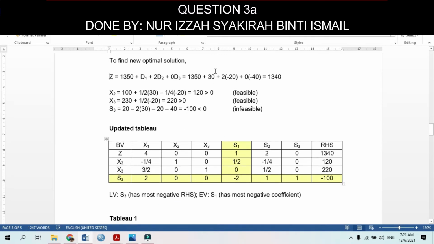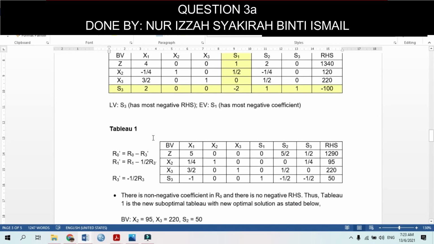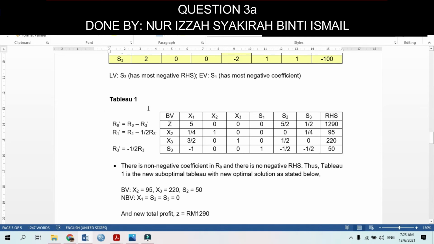Then we substitute the value inside the updated table. As usual, we have to find the leaving variable and also the entering variable, and then we proceed with ERO until we find the optimal table. Here, table 1 is the optimal table because there is no negative coefficient in row 0. Also, there is no negative right-hand side.